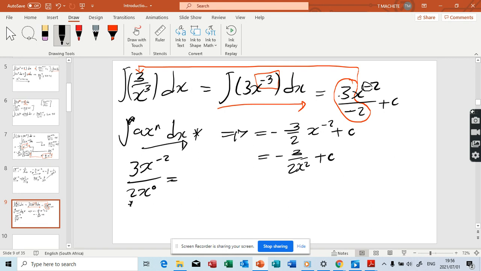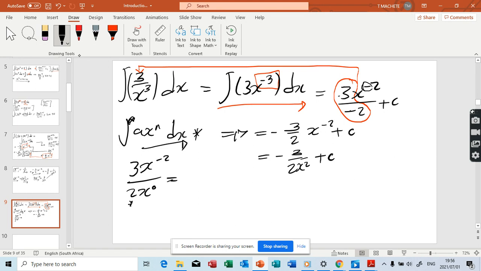Do you know that this 2 is raised to the power x, x to the power 0, right? Guys, you all know that. So now, what's the exponent rule? When you are dividing powers of the same base, you subtract the exponents, right? Do you know that rule? Yes.